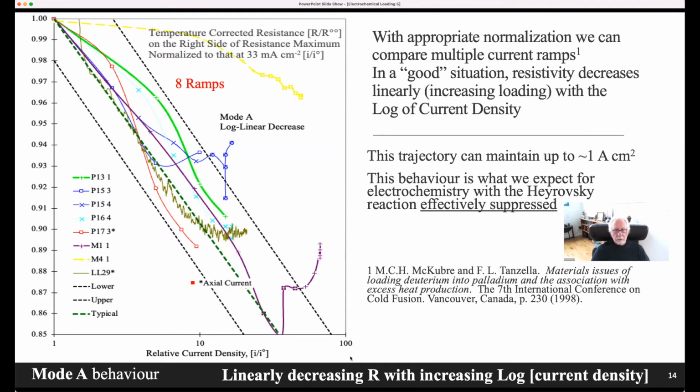So the right-hand side of this plot is 3.3 amps per square centimeter. But this log-linear behavior can be maintained up to 1 amp per square centimeter. This is the behavior that we would expect for electrochemistry if the Tafel reaction was effectively suppressed. We published this, Fran and I, in the ICCF24 proceedings. I invite your attention.